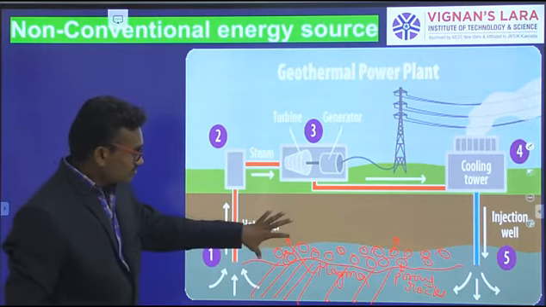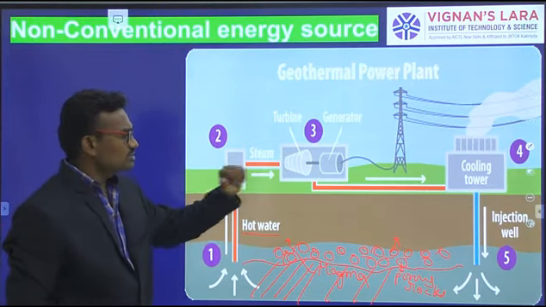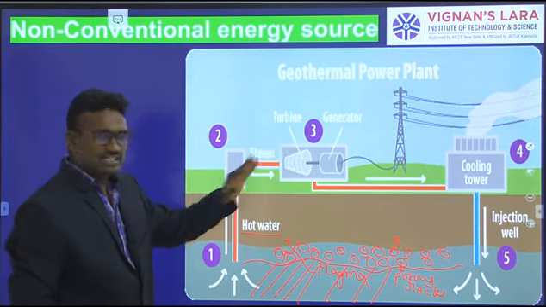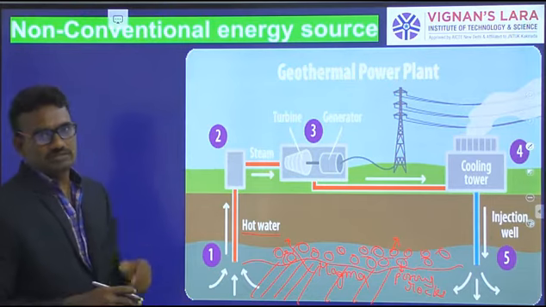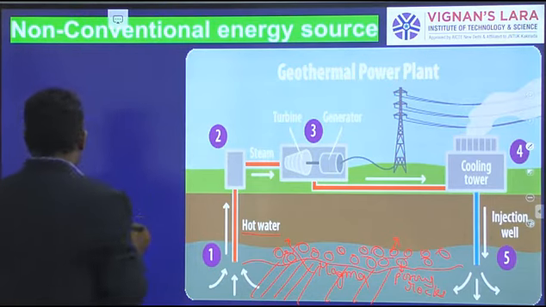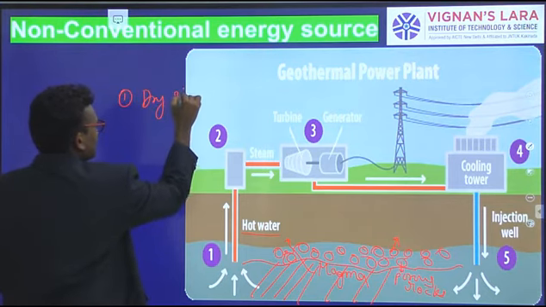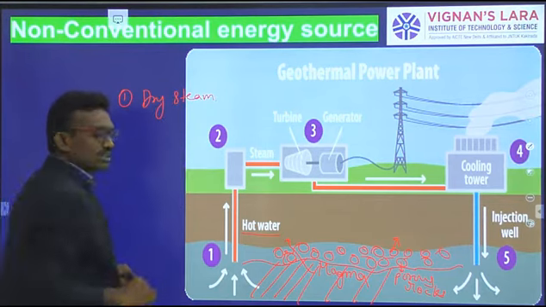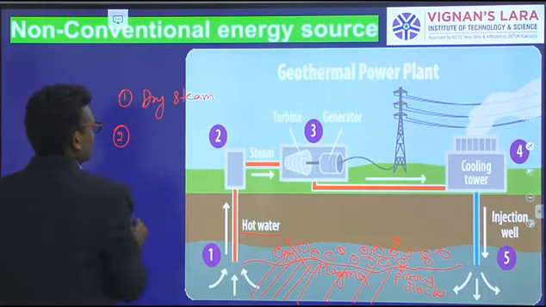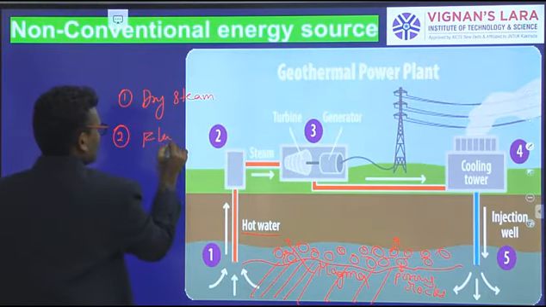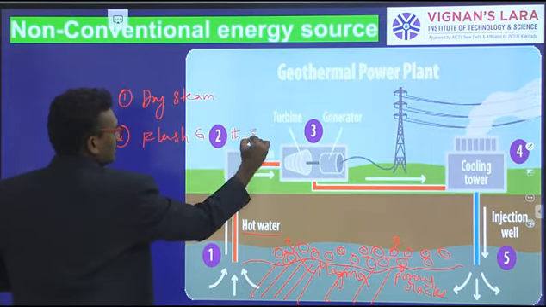But in different types of areas geothermal energy is used to produce electrical energy. Based on the area, geothermal power plants are of three types. One is the dry steam geothermal power plant. Another is the flash geothermal power plant.